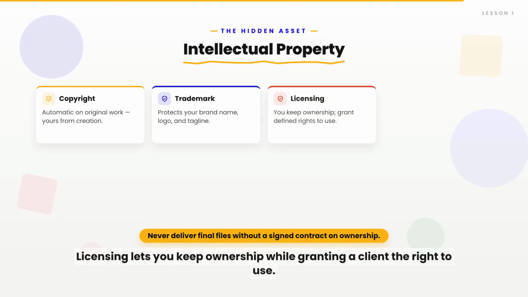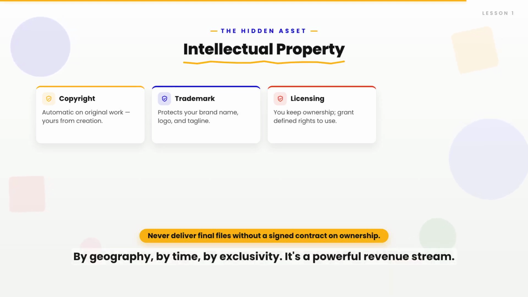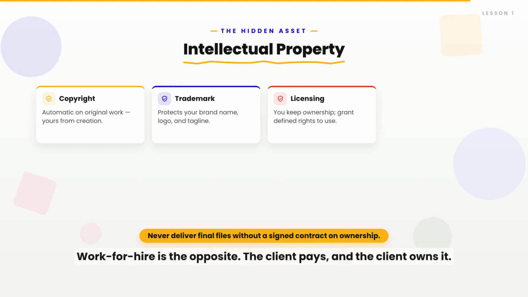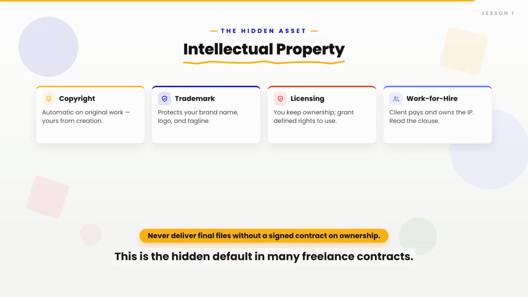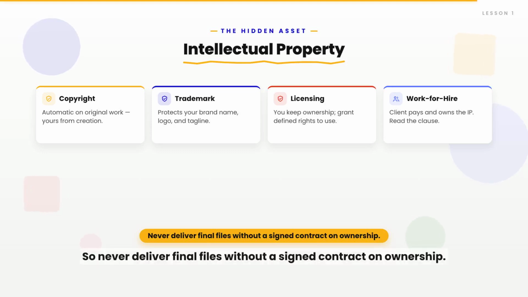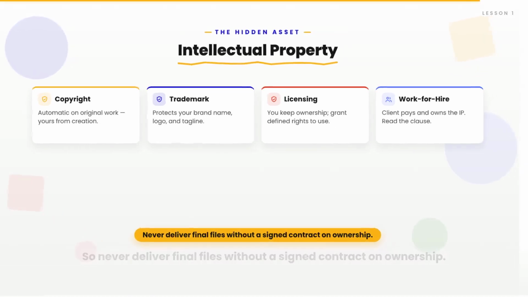Licensing lets you keep ownership while granting a client the right to use. By geography, by time, by exclusivity, it's a powerful revenue stream. Work for hire is the opposite. The client pays, and the client owns it. This is the hidden default in many freelance contracts. So never deliver final files without a signed contract on ownership.